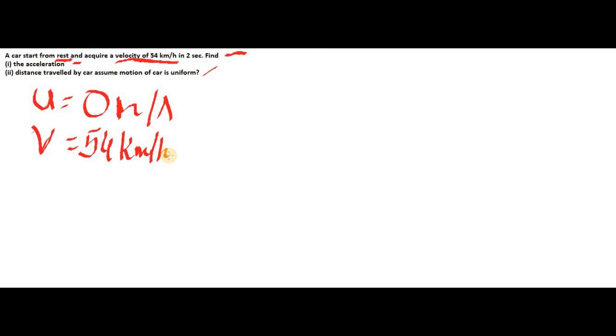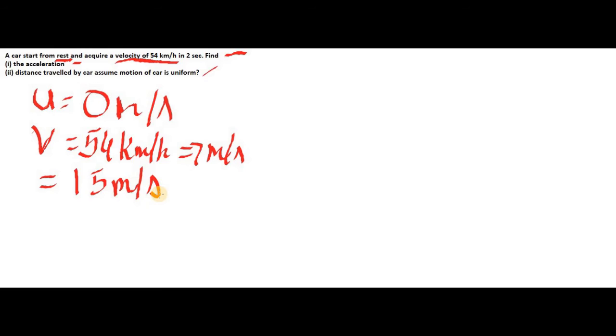The standard unit of velocity is meter per second. So if we convert this 54 kilometers per hour into meter per second, we get 15 meter per second. Try to solve it by yourself and check the answer.